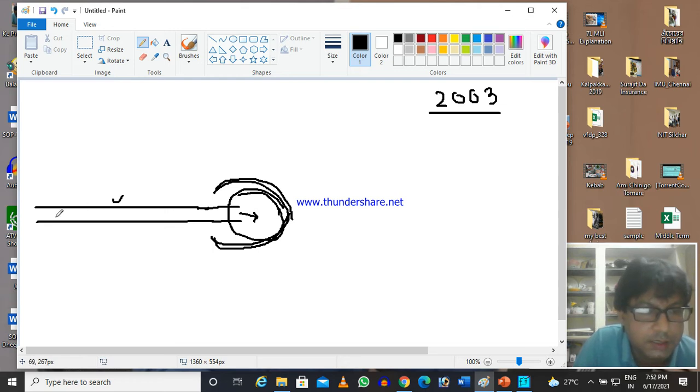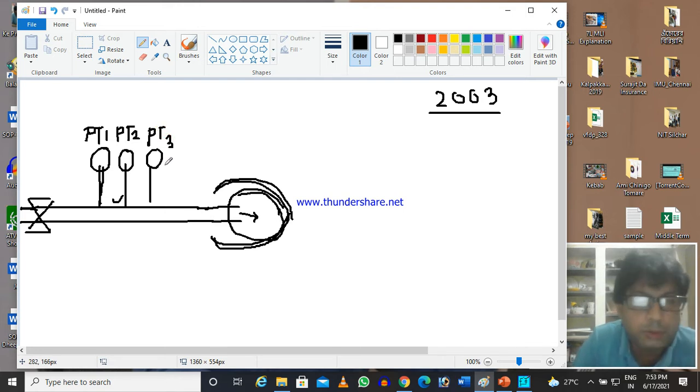For that, as I told, the cutoff should be there. So say this is the solenoid, and from this place 3 pressure transmitters are connected. This is PT1, this is PT2, this is PT3.